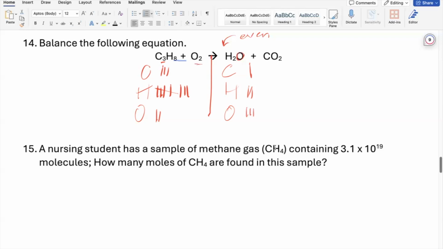If I put a big 3 out front here, that will give me 3 carbons, but it will also change my oxygen count. So now 3 times 2 is 6, but we can't forget our other oxygen here, for a total of 7.